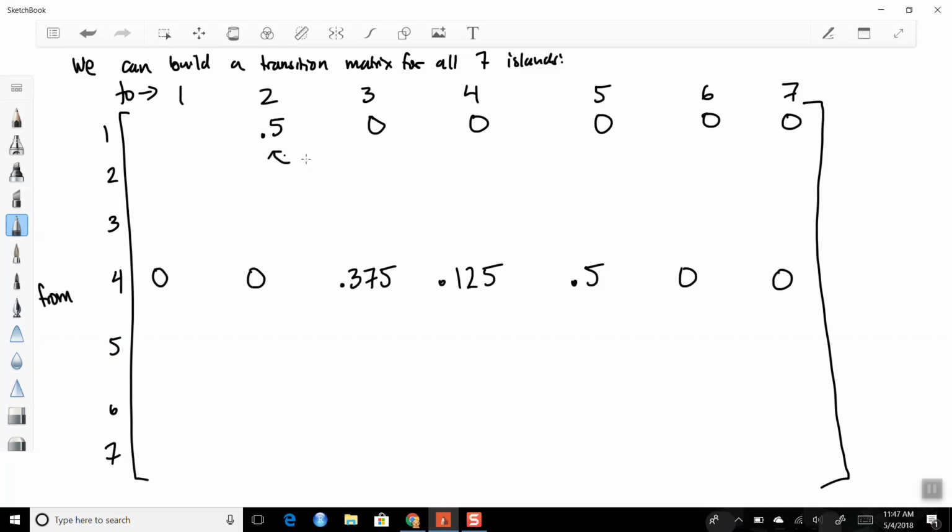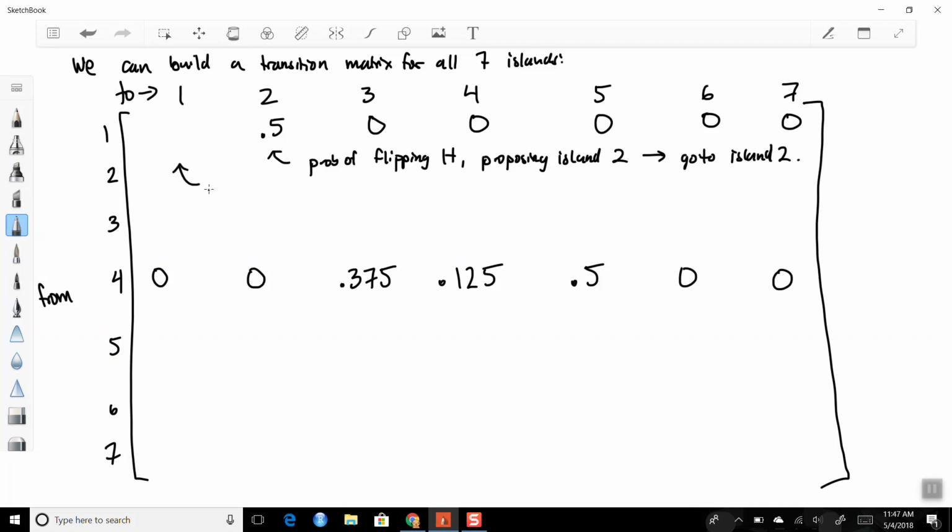This is the probability of flipping heads and proposing island 2, and then we go to island 2. That will happen for sure, right? We know the row has to add up to 1, so we already know this answer has to be 0.5, but let's think about that.